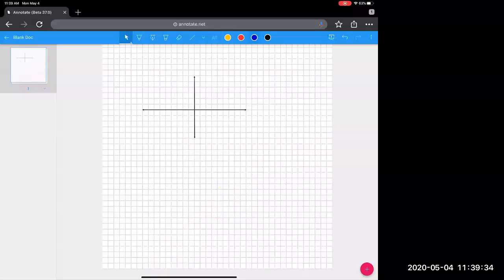Okay, so let's start with the idea of having foci, and let's have them be equidistant from the center. I'm going to put one here, one here. So if these are my foci, this is F2 and F1.